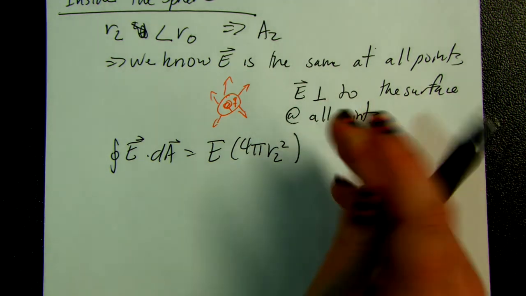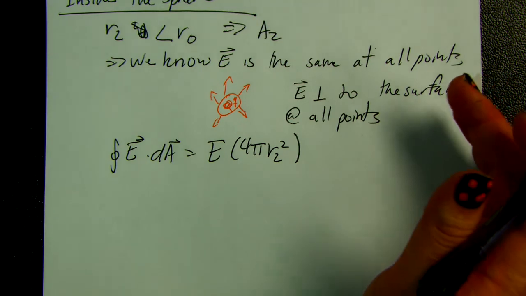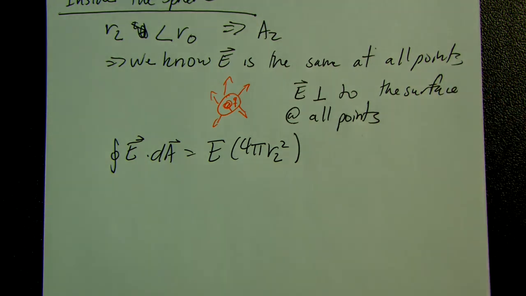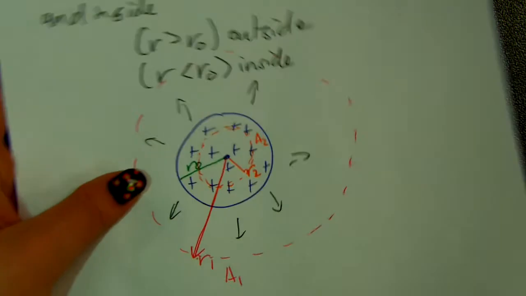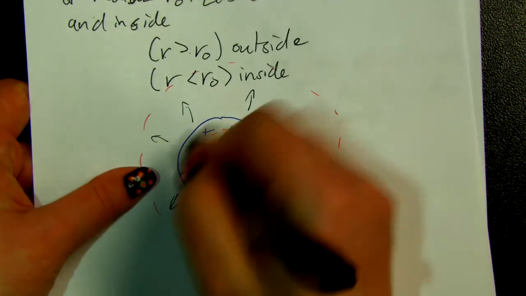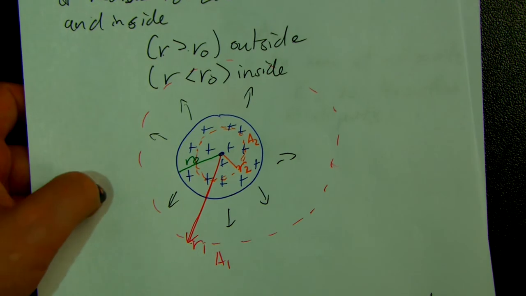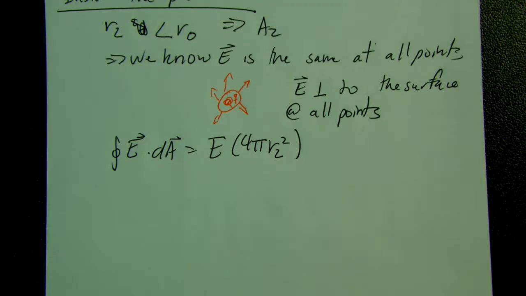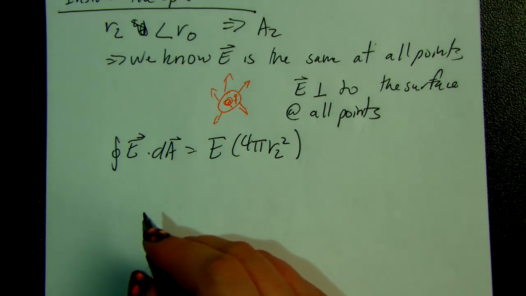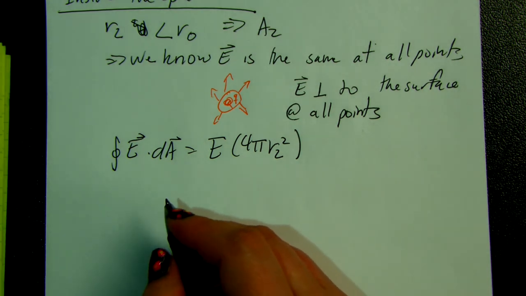So we're given a total charge of capital Q, but we have not enclosed all of capital Q. So if we go back to our original picture, all of capital Q is everything inside of the blue, and we're only looking at a fraction of what's inside of the blue. So, all right, so let's figure out how to go after Q enclosed.